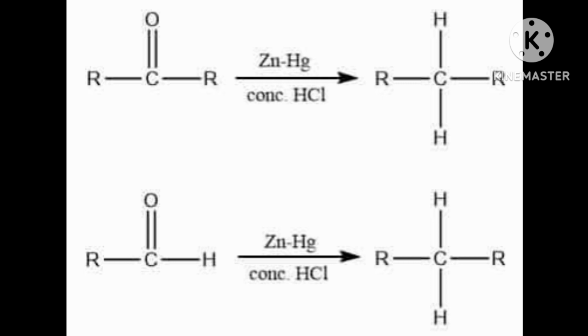In the presence of KOH and ethylene glycol, you have to heat it. Then what will happen? This carbon nitrogen double bond will break, and the H2 that was attached to the second nitrogen, that bond will also break.